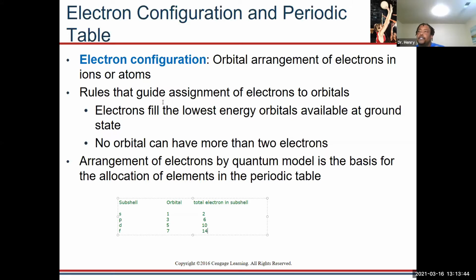No, it says you can have a maximum of 2 electrons per orbital. How many orbitals are in the P? Three. So altogether it holds 6. So we can have six electrons total, but each orbital in the P can only hold 2. Okay, I get it now. Does that make sense? Yes, thanks.